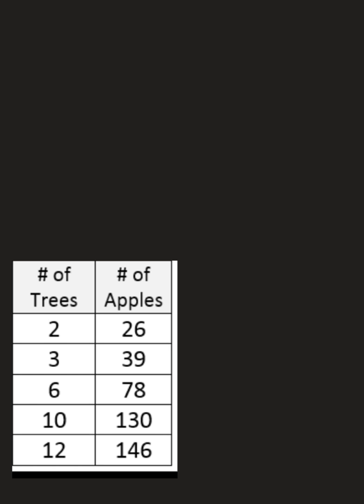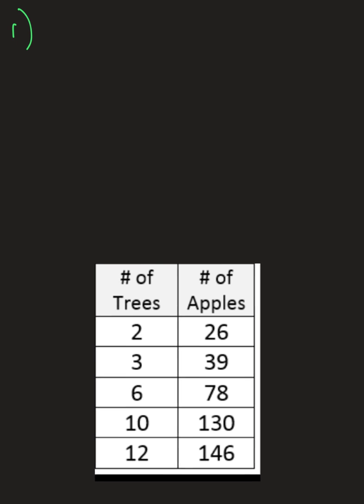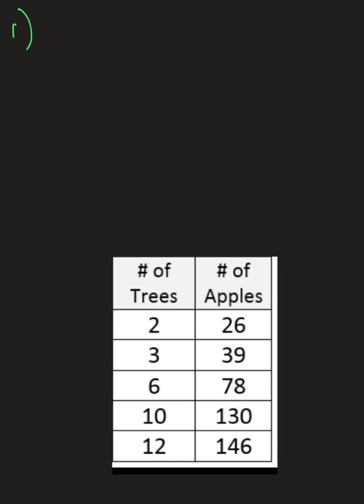All right, so I mentioned before, one step is to check if it's proportional by looking for the ratio. So I'm going to look for, is the ratio constant? Okay, so 26 to 39 is plus 13, 39 to 78, not plus 13. Let's take a look here. 78 minus 39, and you are welcome to use a calculator.